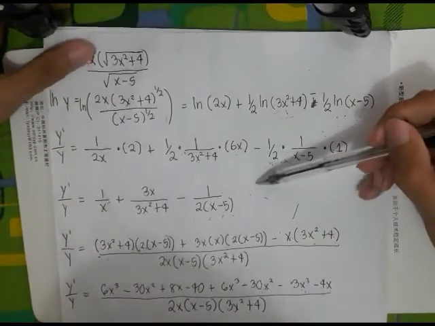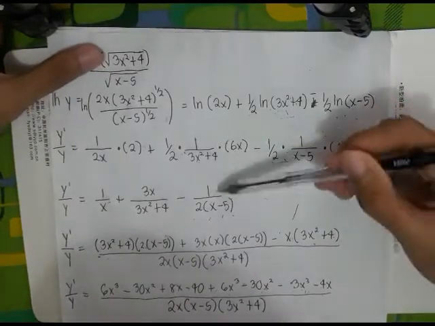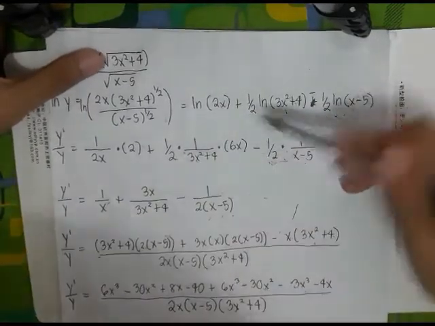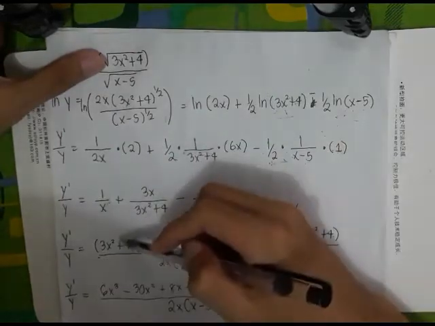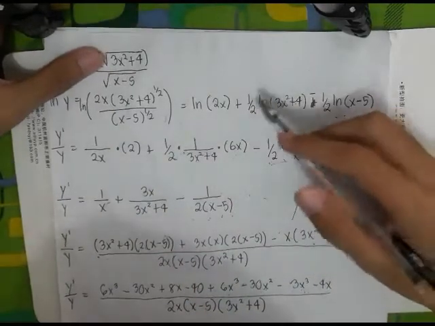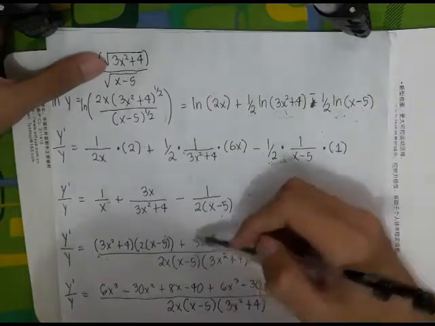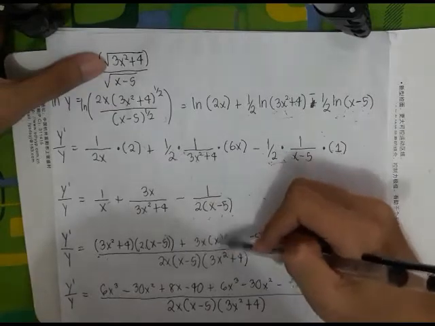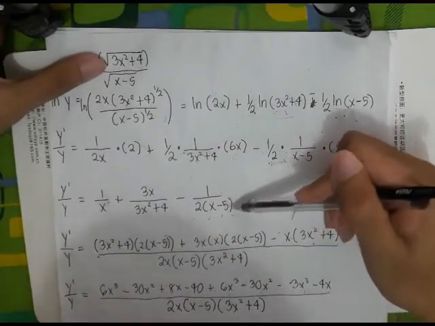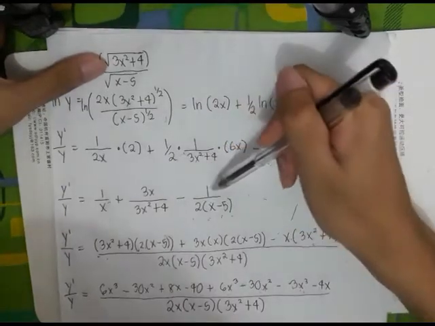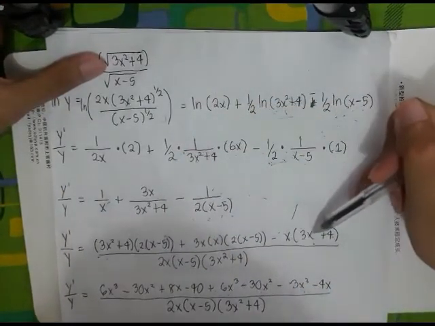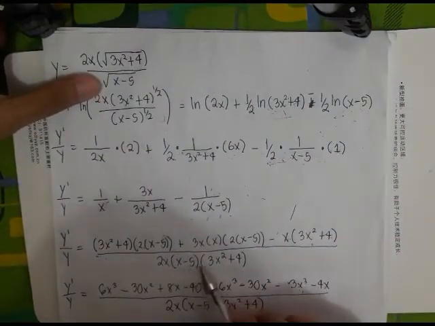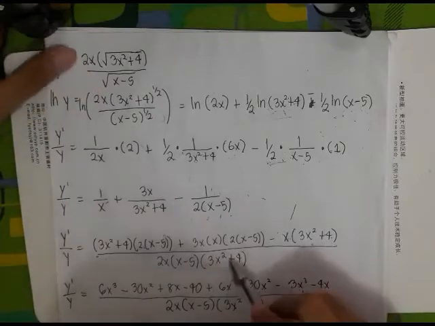Now we reduce into a single fraction by multiplying the terms with the common denominator. It will be 3x times 2 times x minus 5, plus 3x times x times 2 times x minus 5, minus 1 times x times 3x squared plus 4, over 2x times x minus 5 times 3x squared plus 4.